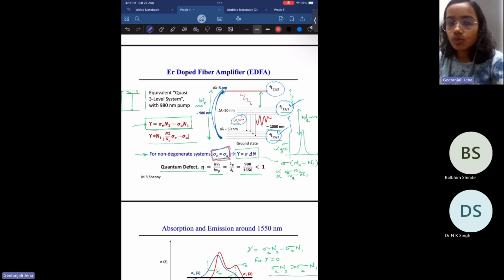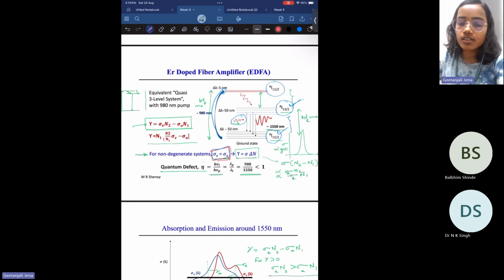For a non-degenerate system, the absorption and emission cross sections are equal, sigma_a = sigma_e, so the gain is gamma = sigma times delta N. If we want population inversion in this non-degenerate system, we must have delta N greater than 0, that is, N2, the population in the metastable state, must be greater than the population in the ground state.